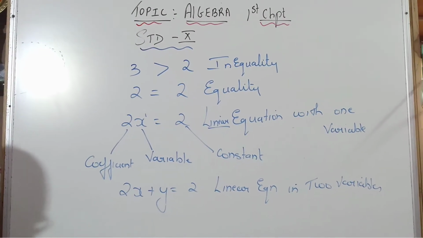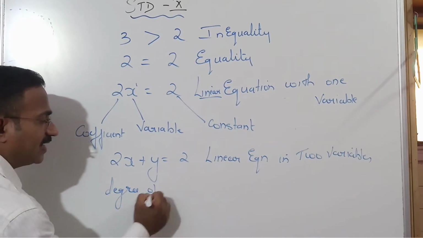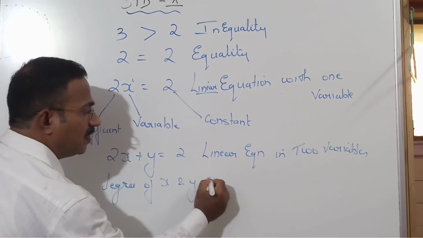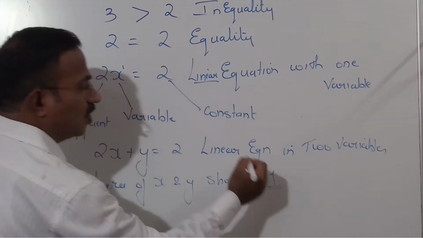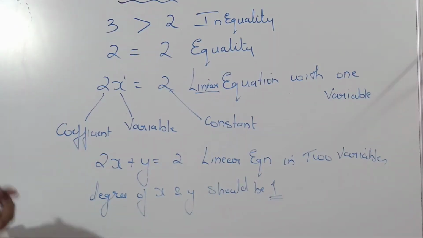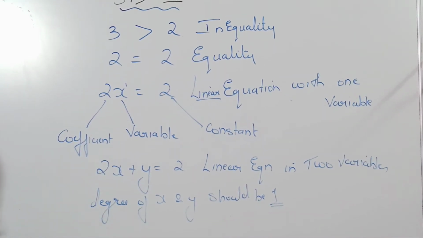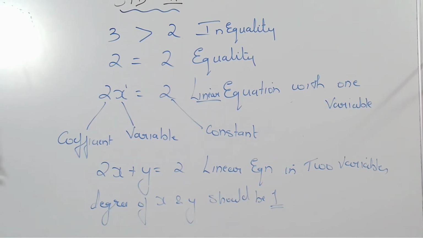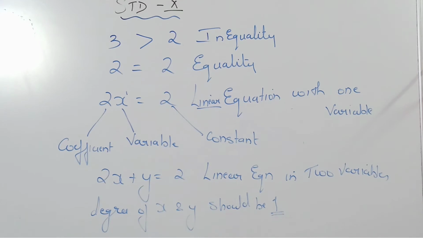But mind you, the degree of x and y should be 1. Then only it is a linear equation in two variables. If the degree is not 1, then it is not a linear equation. I hope till here it is clear. So today we are going to discuss linear equation in two variables.